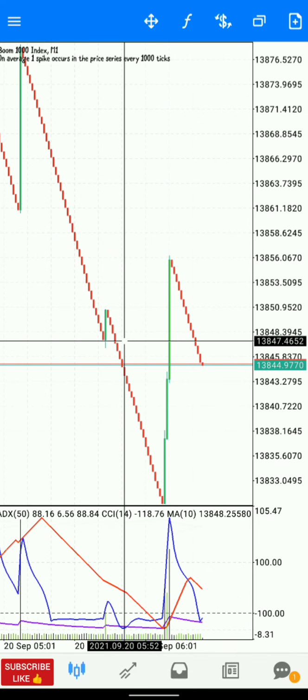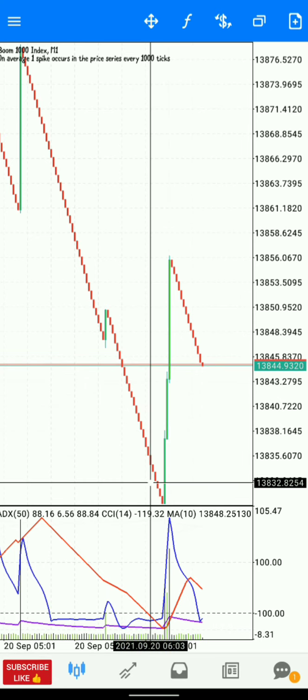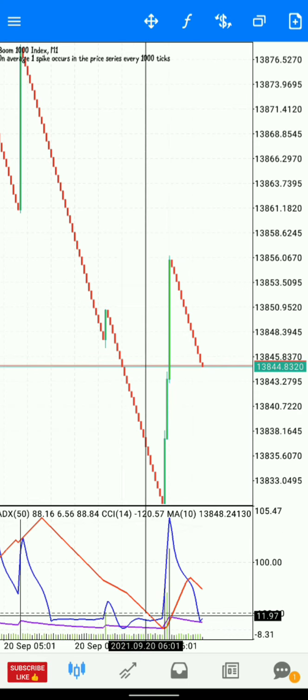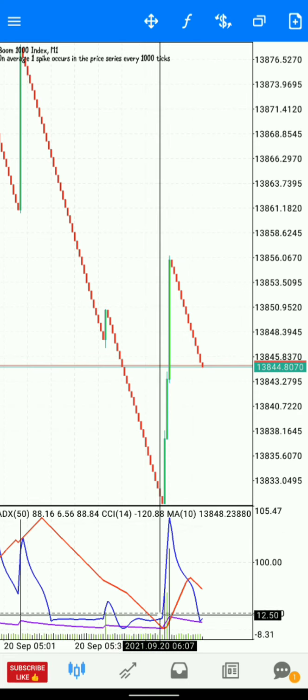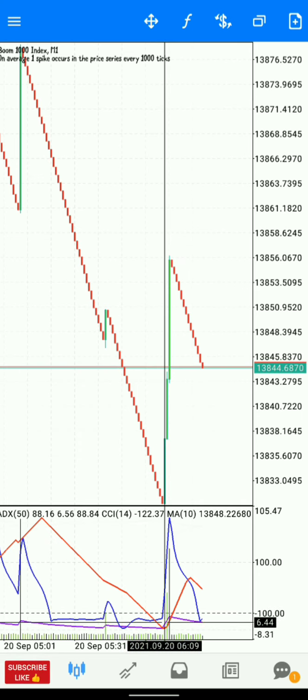So now this is on the boom 1000. You can catch these 3 spikes here. If you were here with me the first time this first spike came in, these 3 lines were below this negative 100 level for the boom. So the first spike came in, showed us a black line. Black lines means there's gonna be another one.